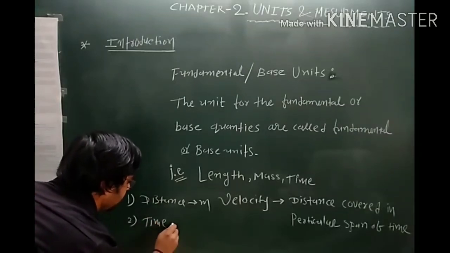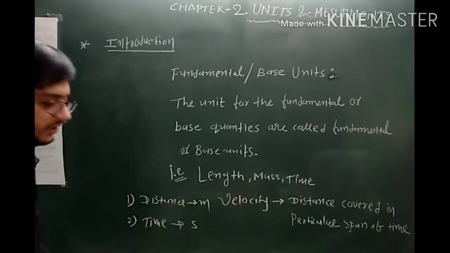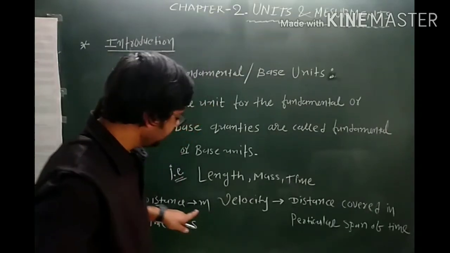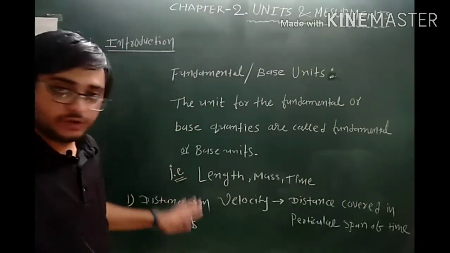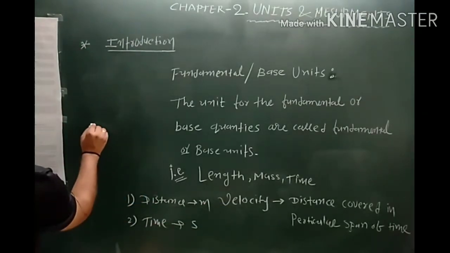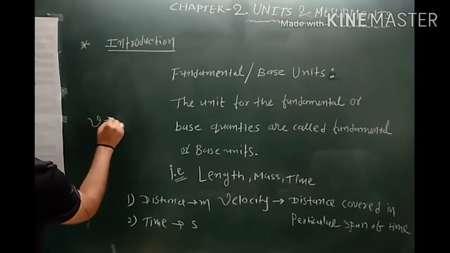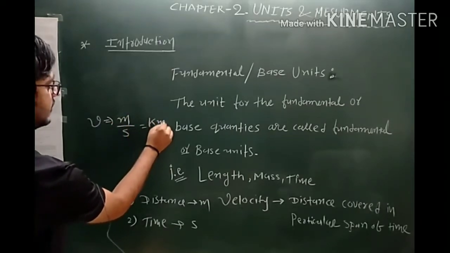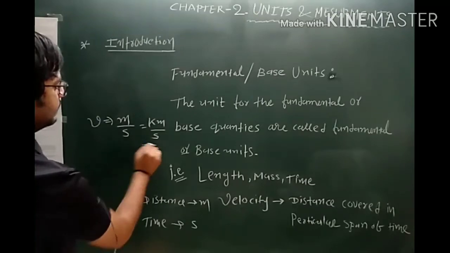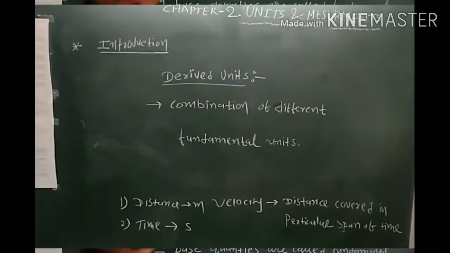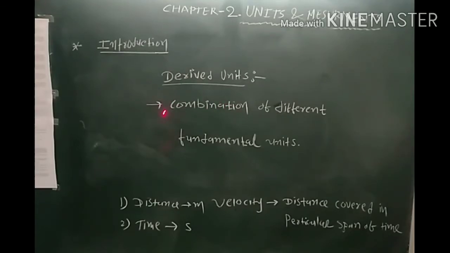Time is measured in seconds. So two units are involved in velocity, so that is called a derived unit. The unit of velocity is meter per second or kilometer per second. This is what we call derived units. Derived units are nothing but combinations of different fundamental units.